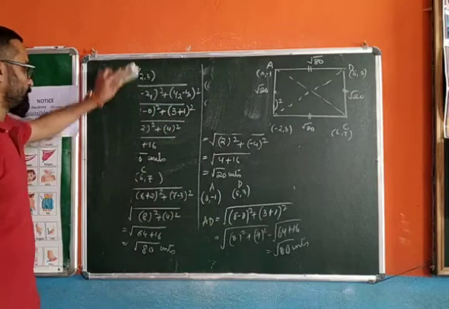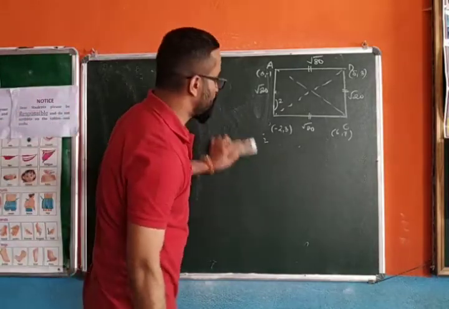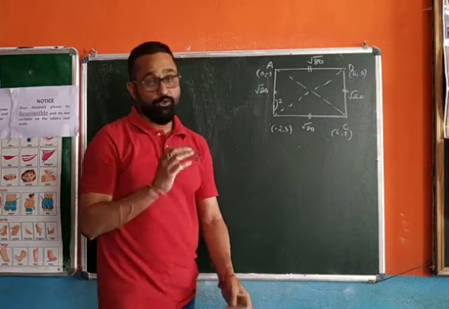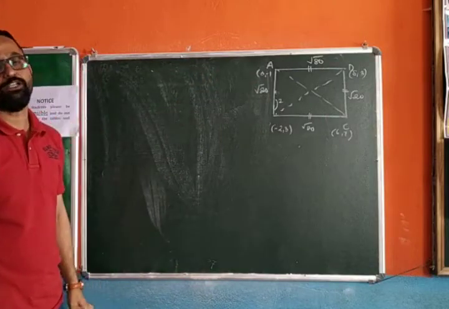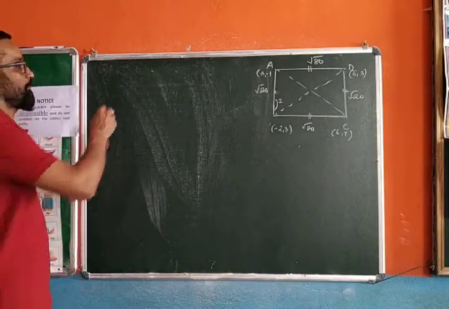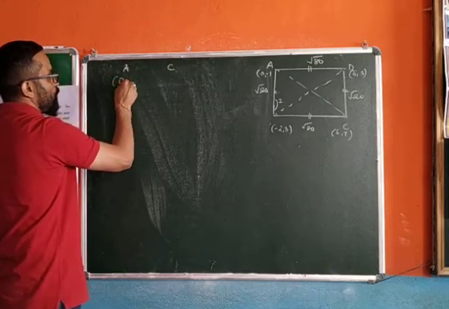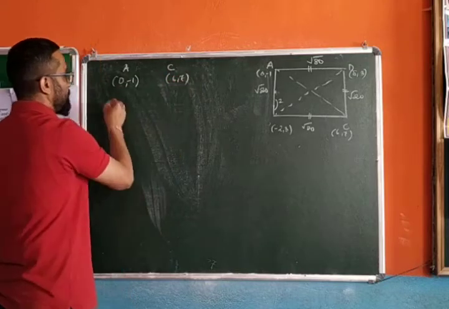After doing four calculations, we need to find whether the diagonals are also equal. Only if the diagonals are equal can we say that this four-sided figure is a rectangle. So we calculate AC. A is (0, -1), C has coordinate (6, 7).